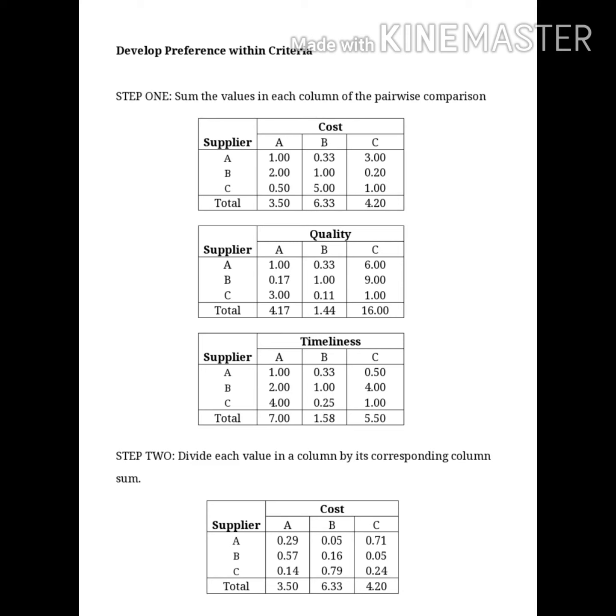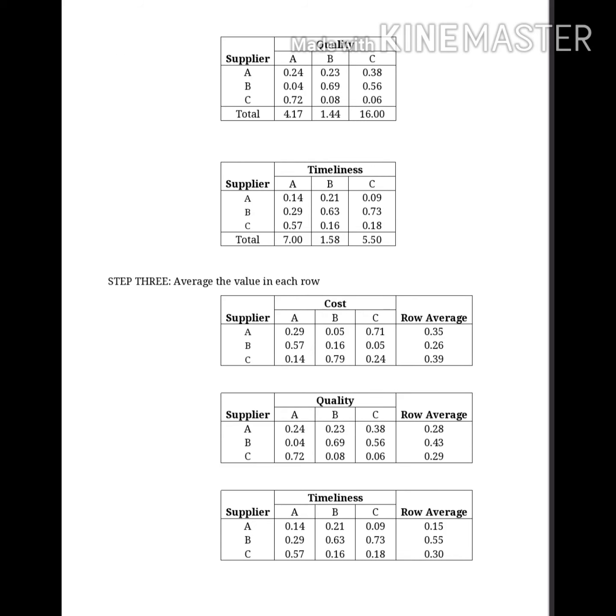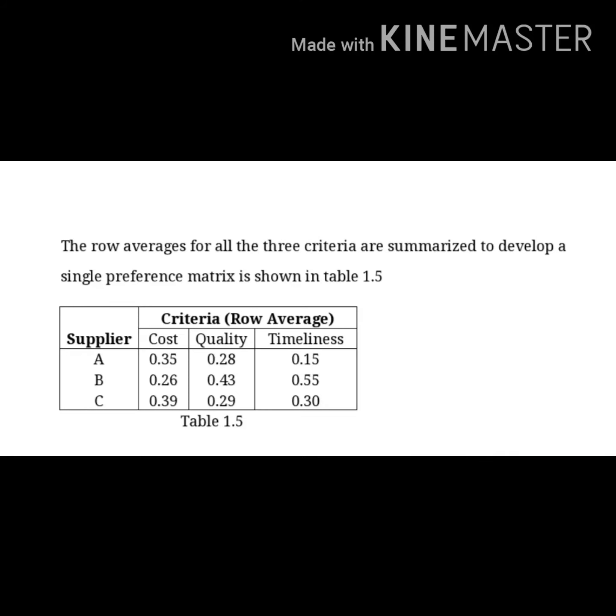Step 2. Divide each value in a column by its corresponding column sum. Step 3. Average the values in each row. The row averages for all three criteria are summarized to develop a single preference matrix, shown in table 1.5.